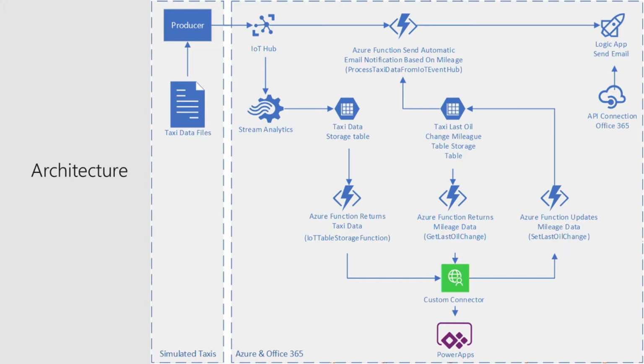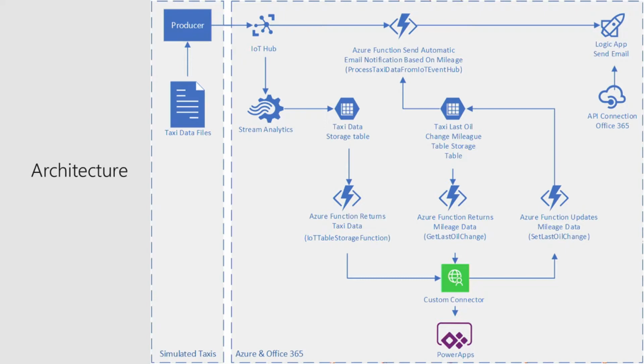There are 2 things that happen when the data hits the IoT Event Hub. The first thing is Stream Analytics kicks off right here. Stream Analytics' job is to look at the data coming in, make decisions based on what it sees in the data, and forward it somewhere.